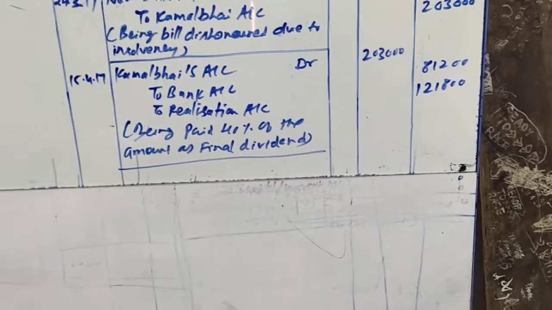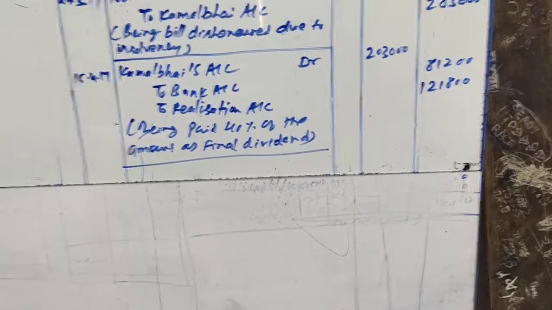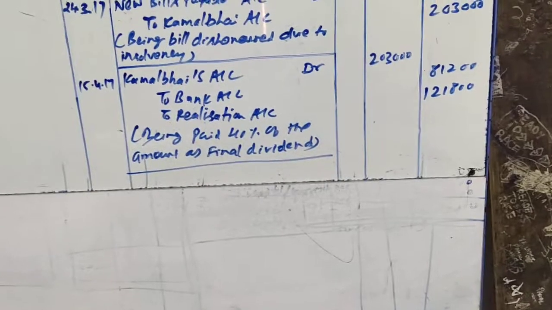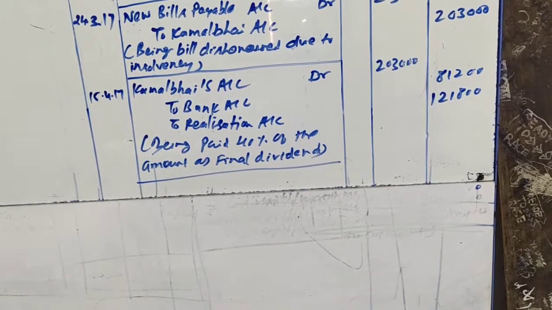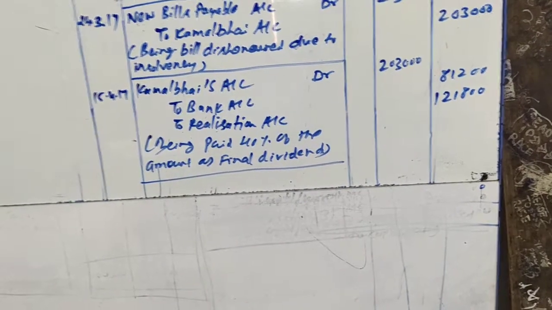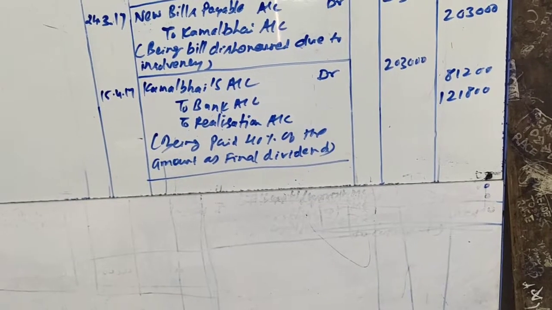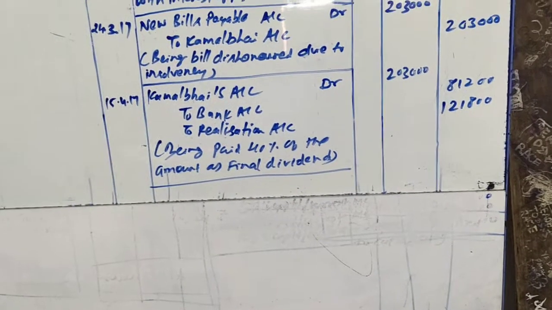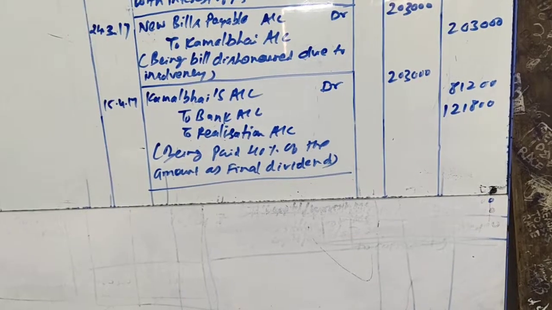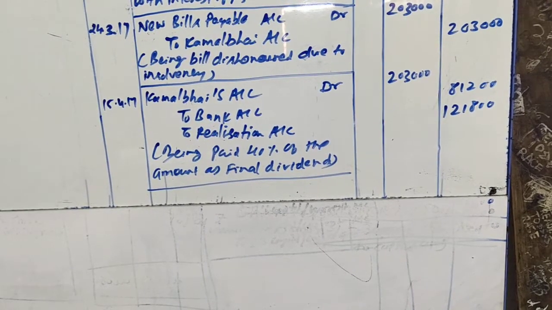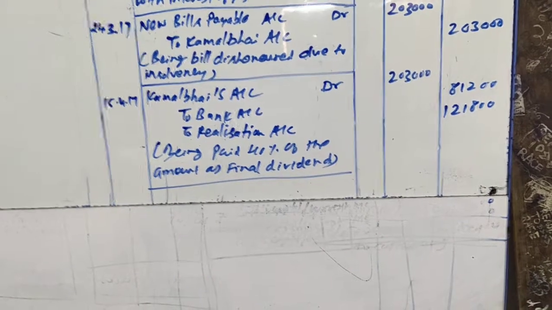Friends, in the books of the person who has been declared insolvent, the amount which he is unable to pay, or you may say which his receiver is unable to pay, is credited to realization account. So this will be the entry, being paid 40% of the amount as final dividend.